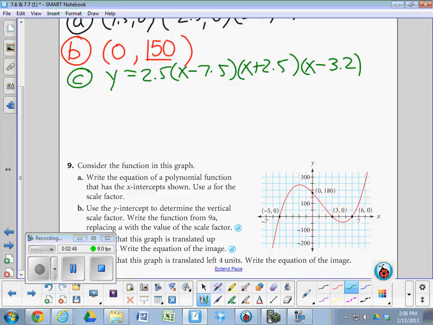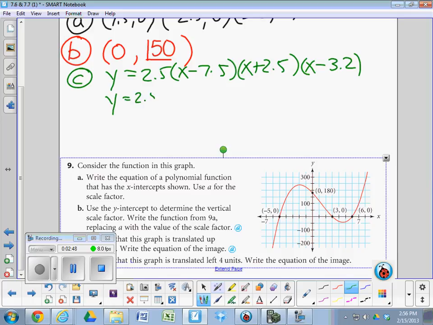Step 1. Let the 2.5 hang out and wait, because what you need to do is distribute and FOIL this only. So FOIL the first 2 sets of parentheses and tell me what you get as a trinomial. X times x. The outside is 2.5x, while the inside is negative 7.5x.